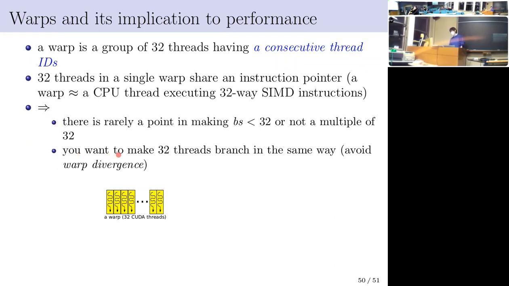The other implication is that you want to let all these 32 threads do exactly the same thing, at almost every single step. Like I said, it is not possible that some threads execute instruction A and other threads execute instruction B in a single cycle.